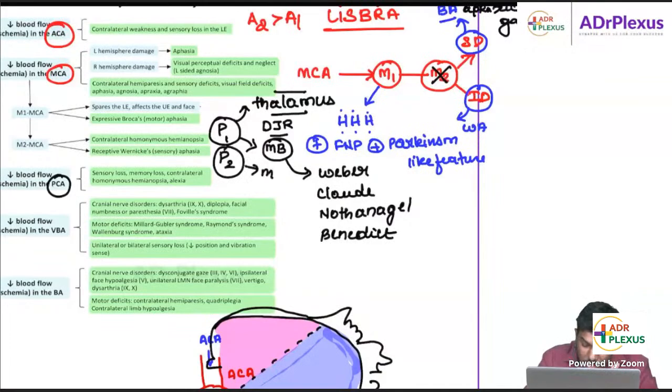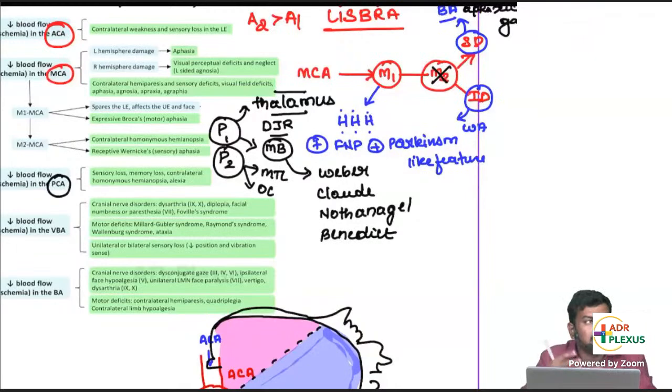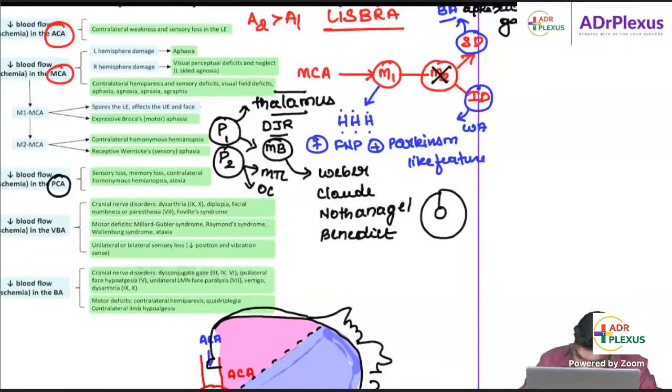Medial temporal lobe and occipital lobe. Whenever the medial temporal lobe is involved, the patient is going to have memory loss. Whenever the occipital lobe is involved, the patient is going to develop what? What is this called? You are going to tell me.